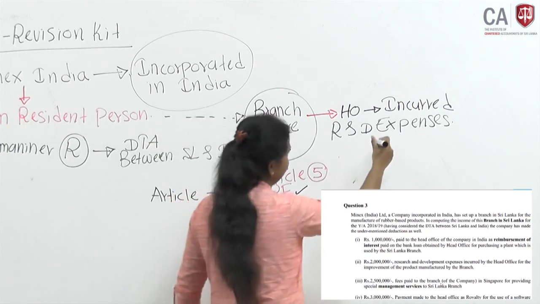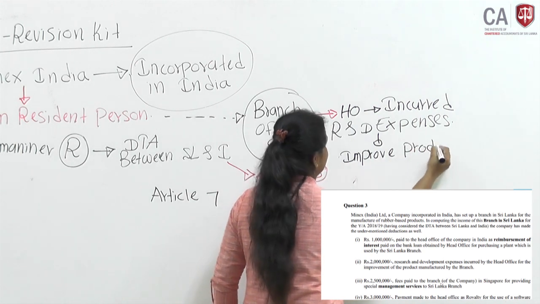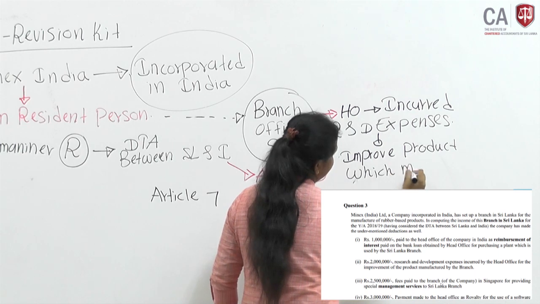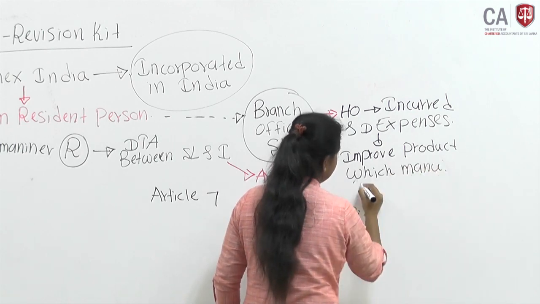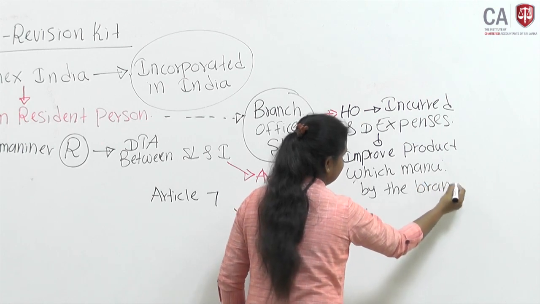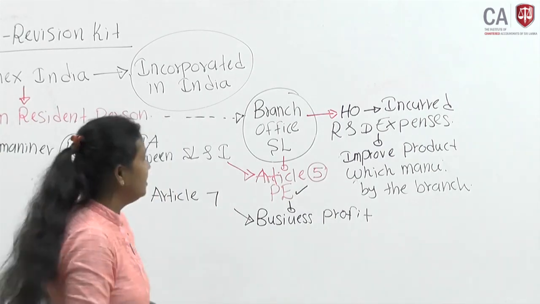Now what's the reason? Improve the product which is manufactured by the branch. What is this expenditure now?